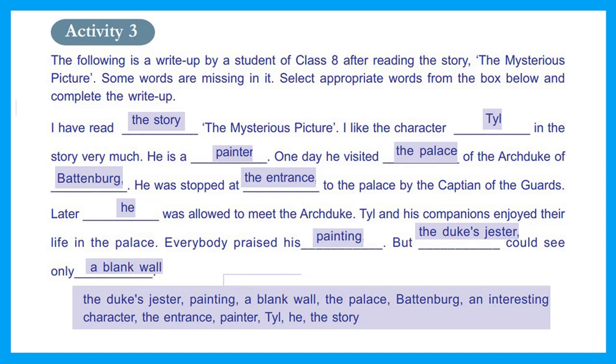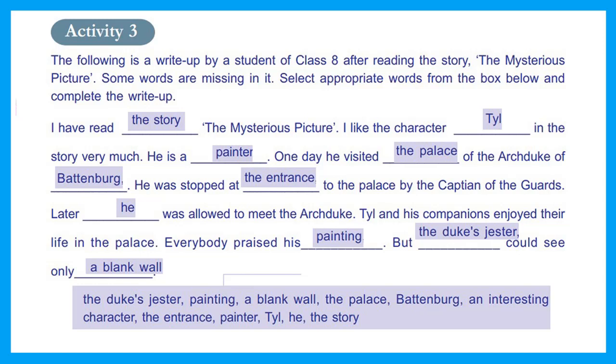I have read the story The Mysterious Picture. I like the character Tile in the story very much. He is a painter. One day he visited the palace of the Archduke of Battenberg.